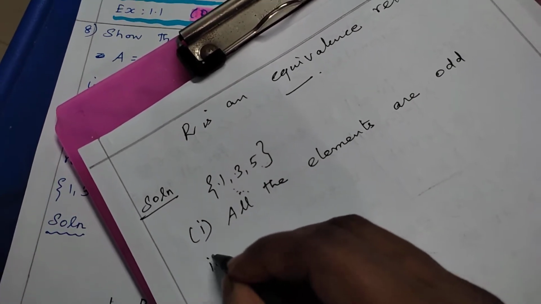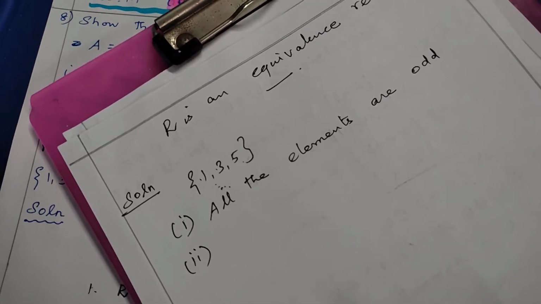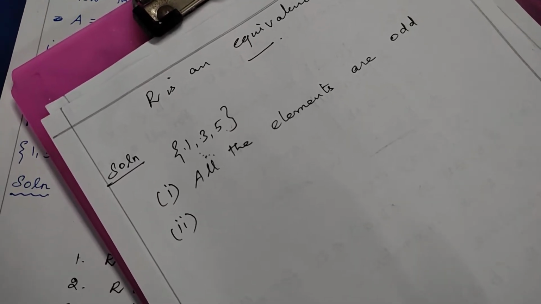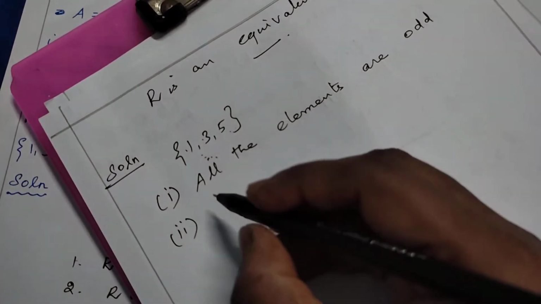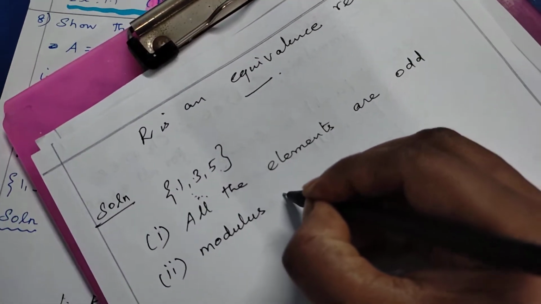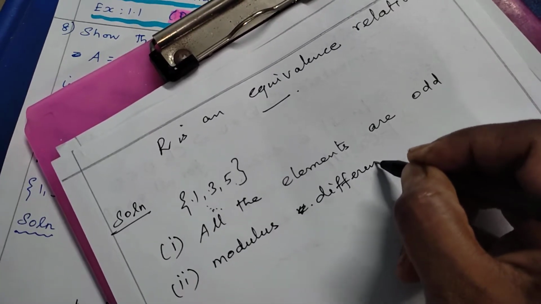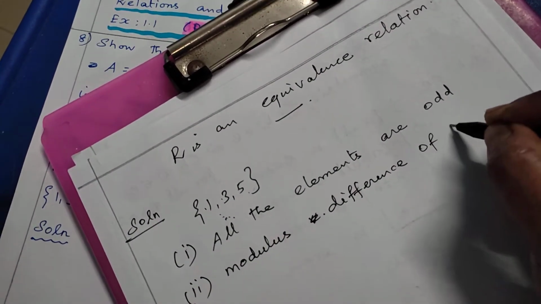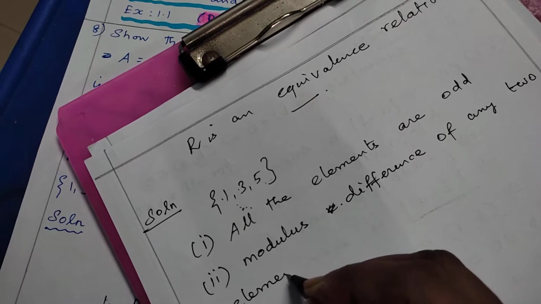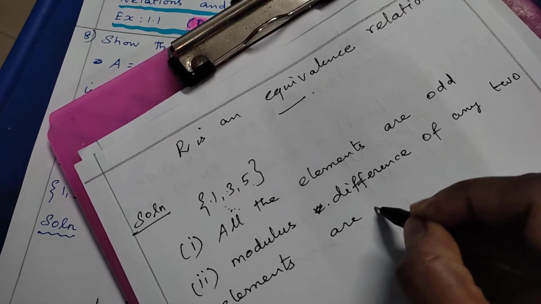The second one: we observe that we are taking the modulus difference of any 2 elements, and the modulus difference of any 2 elements is even.